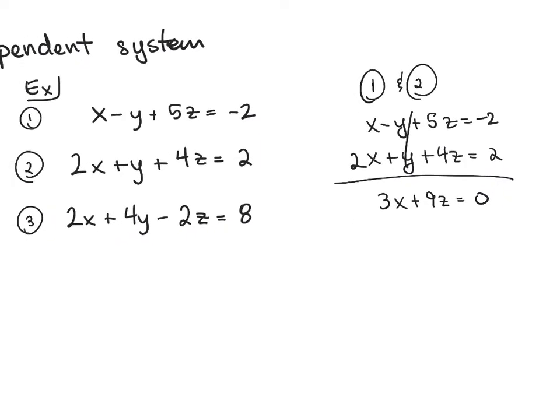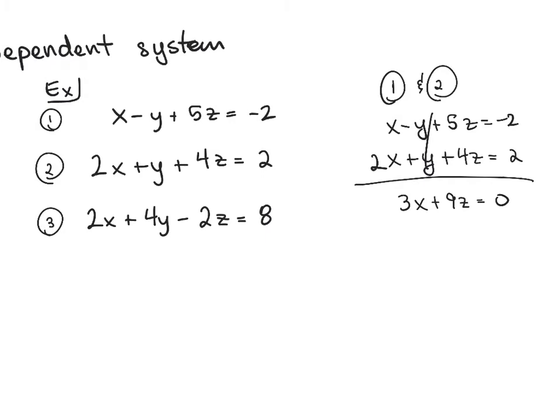Now if I take two other equations, equation 1 again, but this time equation 3, the coefficient for equation 3 in front of y is 4, and for equation 1 it's -1, so I would need to multiply equation 1 by 4. So I'm going to take equation 1 and multiply it by 4, which would be 4x minus 4y plus 20z is equal to -8.